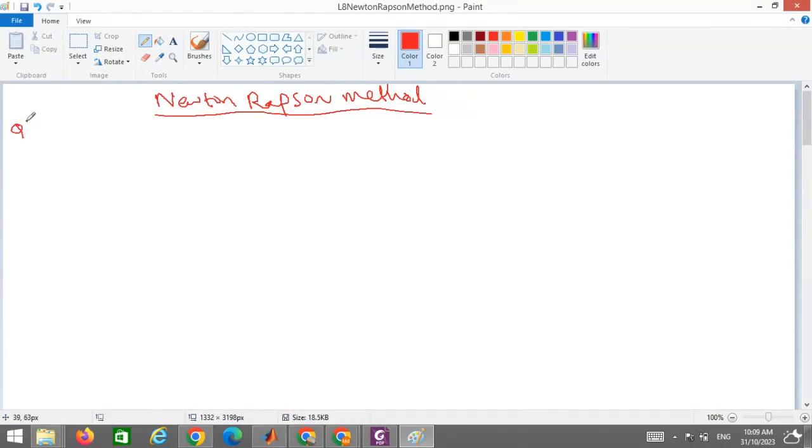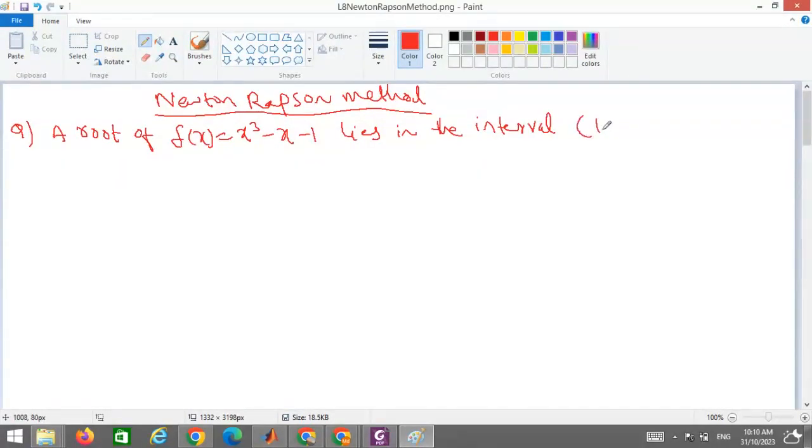Okay, the question is, suppose the root of the function f of x is equal to x cube minus x minus 1 lies in the interval 1 comma 2.